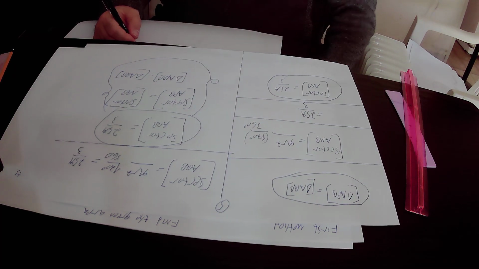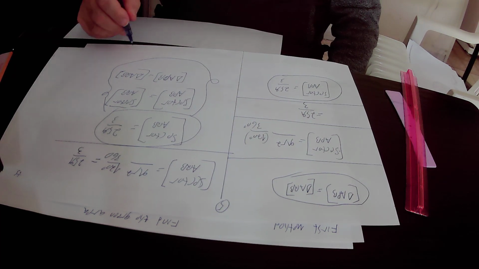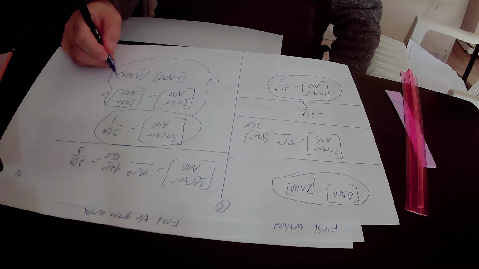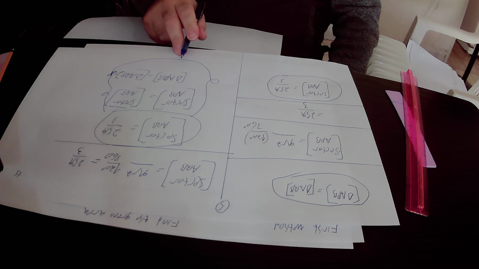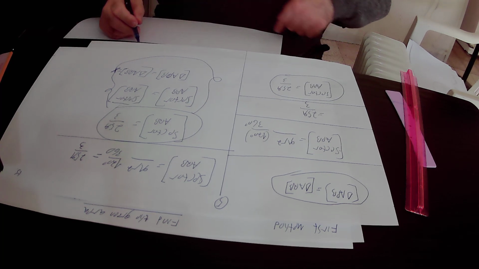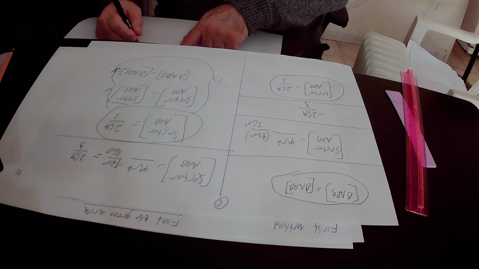So if we define the area of triangle AQB as x, then the area of triangle APB will also be equal to x. Okay?